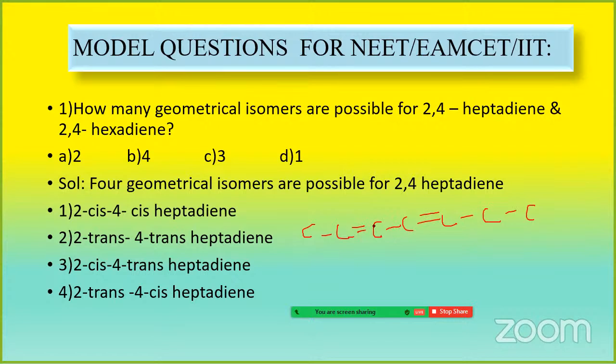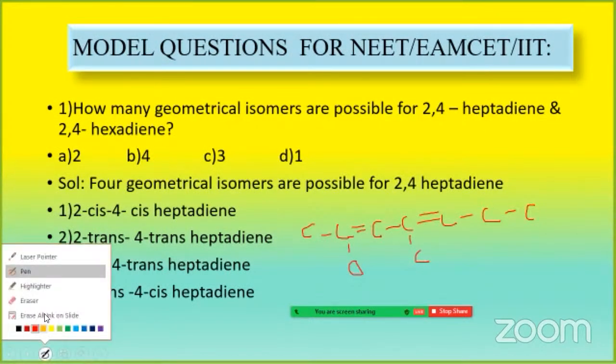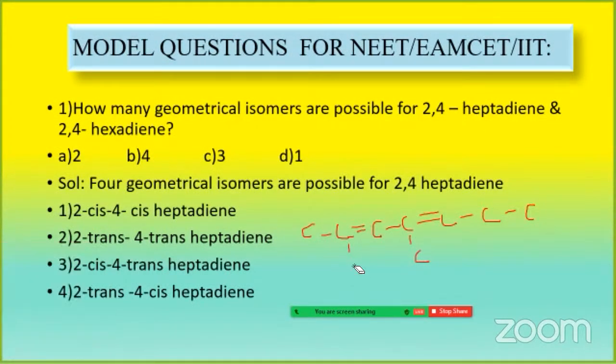So when you are taking this double bond, let us take methyl groups here on this carbon 2, and here on the other double bond carbon. So let us take another methyl group on the third carbon.